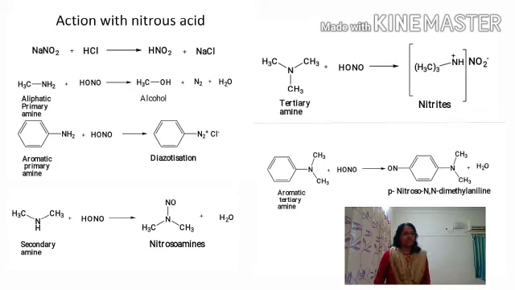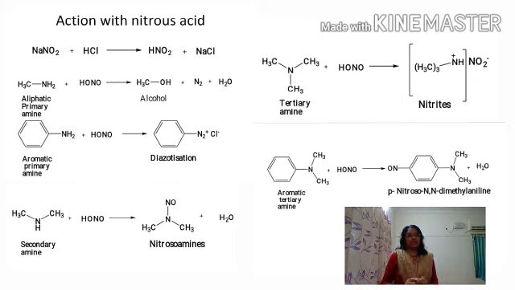So we can summarize: primary aliphatic amine reacts with nitrous acid to give alcohol, whereas aromatic primary amine reacts with nitrous acid to give diazonium salt. Similarly, secondary aromatic as well as aliphatic amine react with nitrous acid to give only nitrosoamines. There is no different product for the secondary aliphatic amine as well as the secondary aromatic amine.